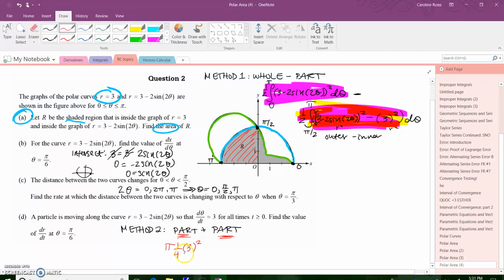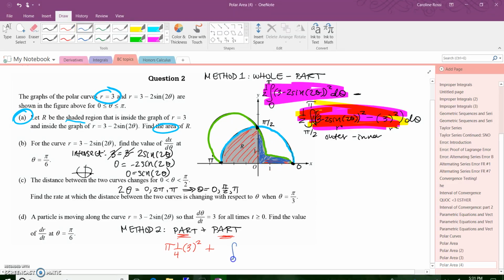So it's pi r squared, but 1/4 of it. And then it would involve all of this right here, which I haven't considered. And be really careful, this is not the area between two curves, because the area between the two curves would be this bit right here, and I don't care about that, because I want the area enclosed by my green one, which is right here in blue.